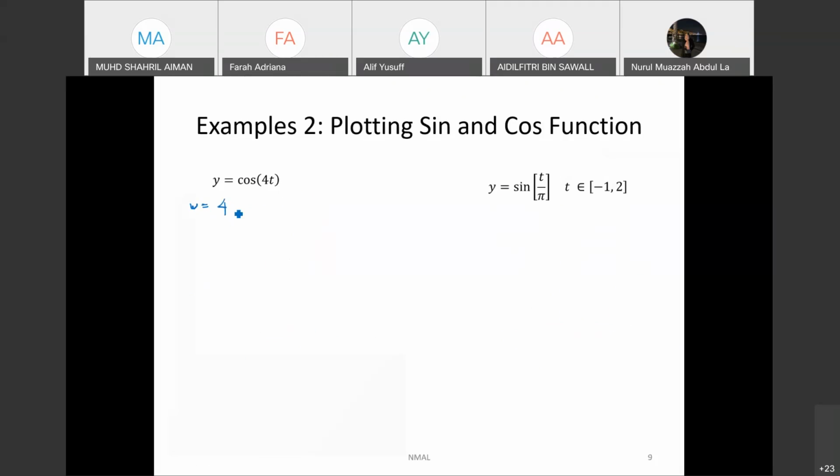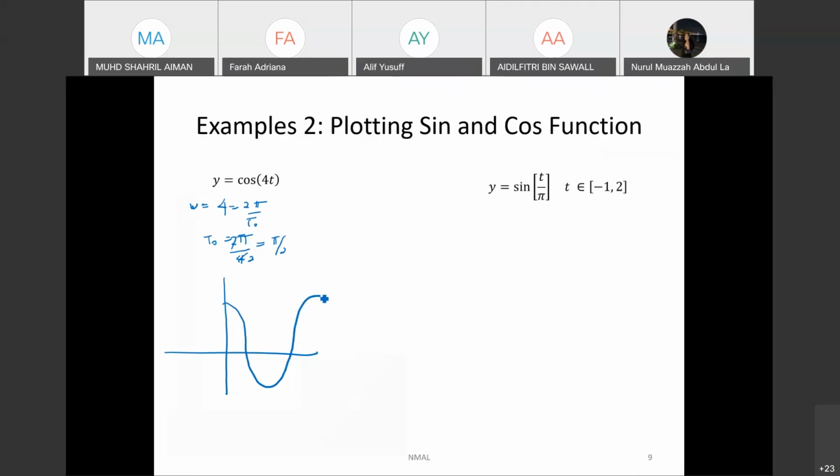So from here you can get t naught. T naught here is 2 pi over 4, which is pi over 2. So the whole duration is pi over 2. You know that the cosine is something like this.